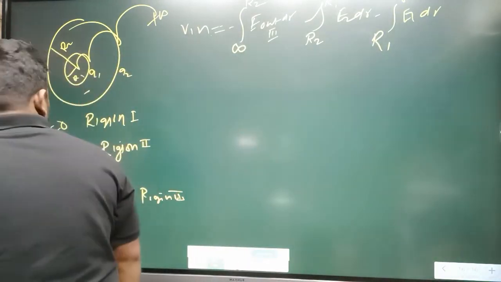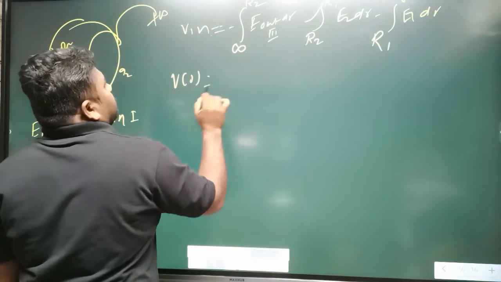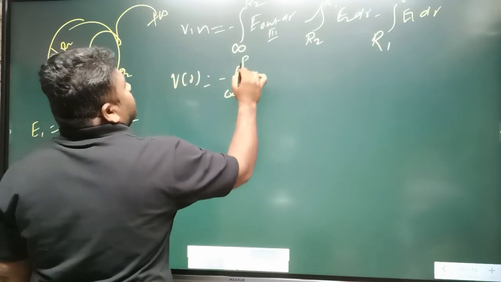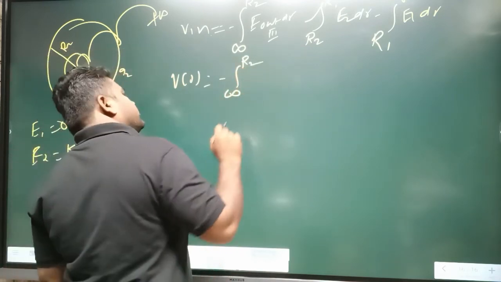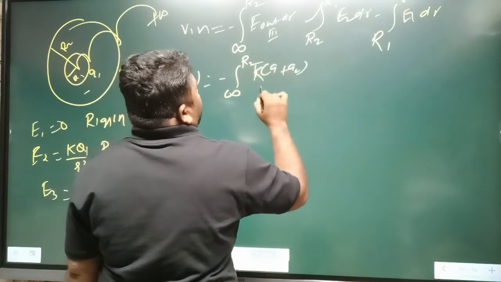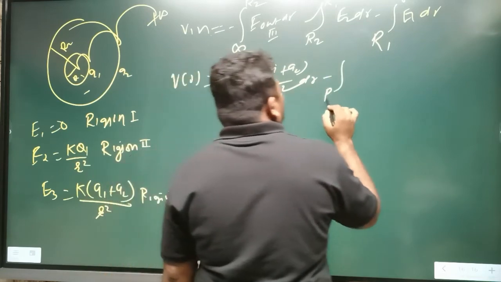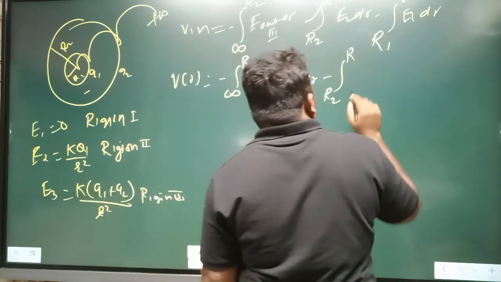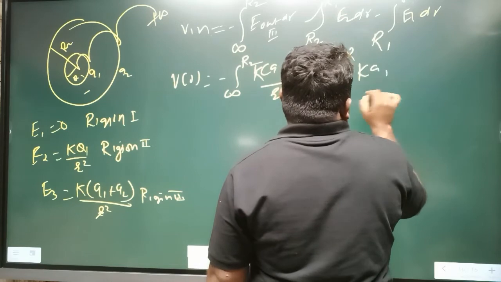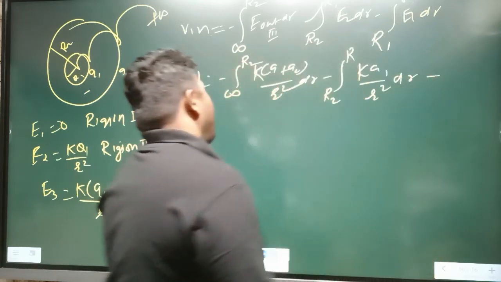From infinity to R2, E out is K Q1 plus Q2 upon R square into dr. Next, R2 to R1. At that time, the electric field is K Q1 upon R square dr, minus 0. Okay?